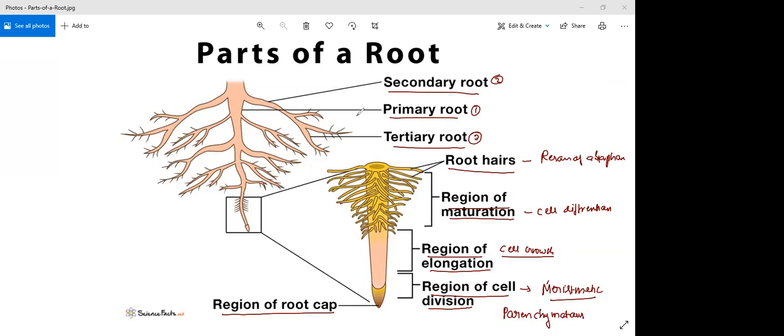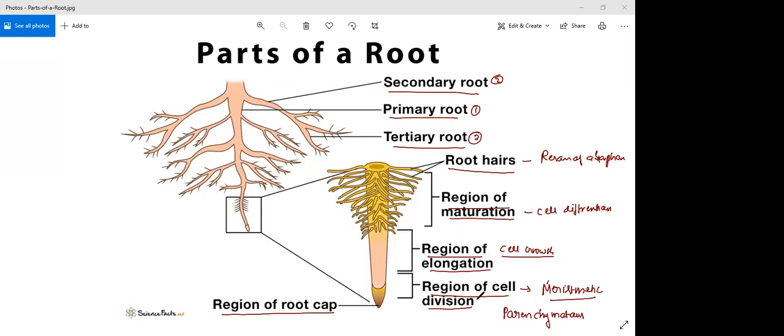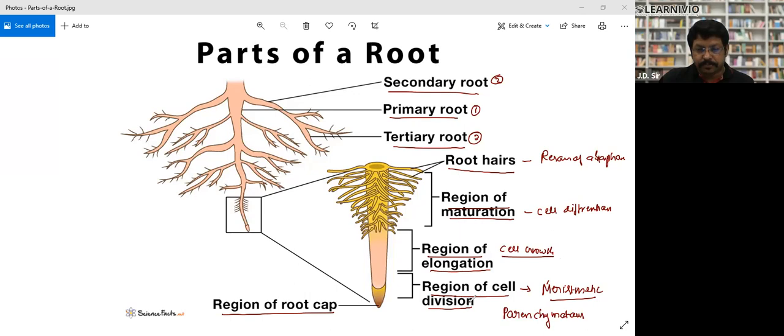Root cap is a parenchymatous multicellular structure which covers the meristematic cells. Full stop. Can I repeat the point, sir?